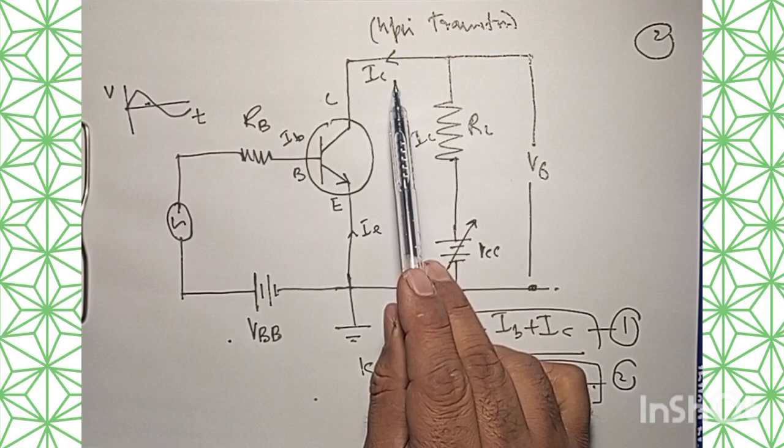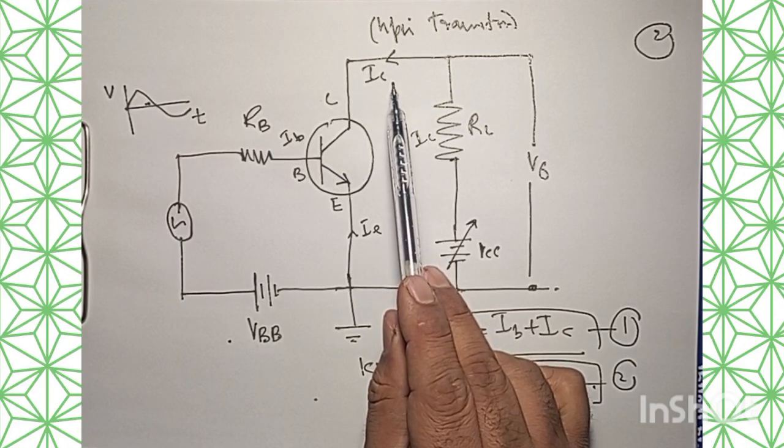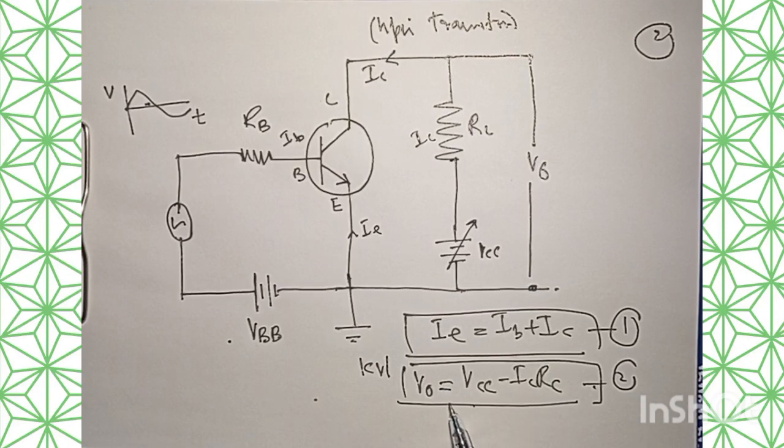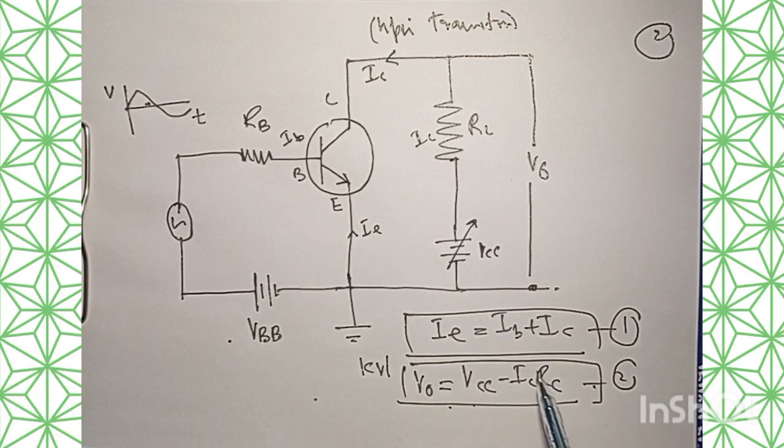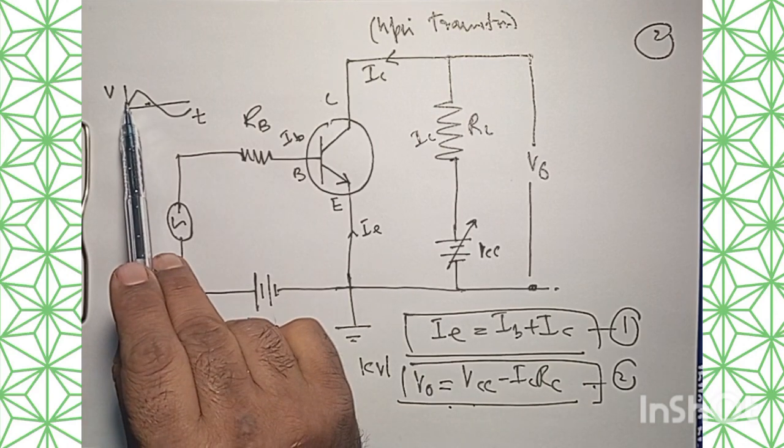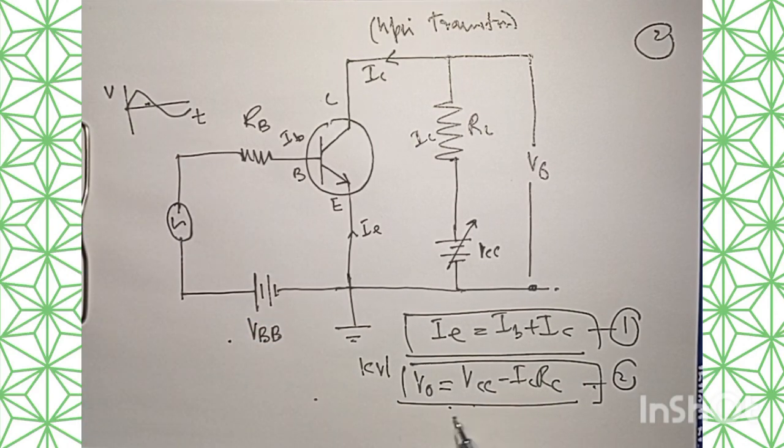Therefore, the voltage drop across RL increases. If this value increases, then according to this equation, the collector voltage or the output voltage decreases. So here we have increased input, but here we have decreased output. Very simple way of understanding it.